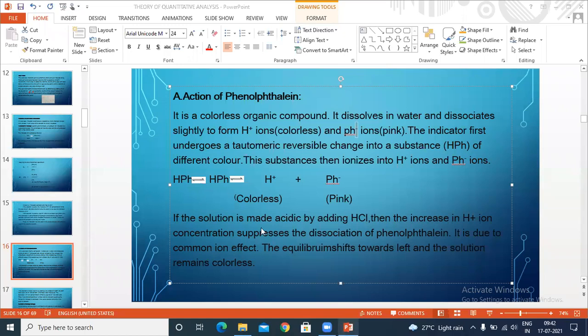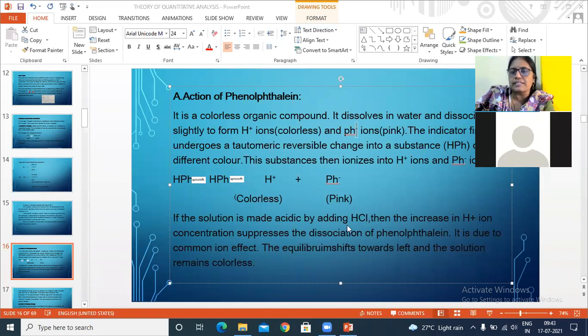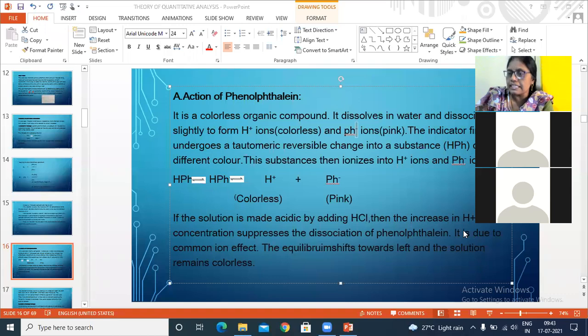If the solution is made acidic by adding HCl, then the increase in H plus ion concentration suppresses the dissociation of phenolphthalein. As per Ostwald's theory, if an indicator is ready to release H plus ions, then in the acidic medium the H plus ion concentration increases when the indicator undergoes dissociation.